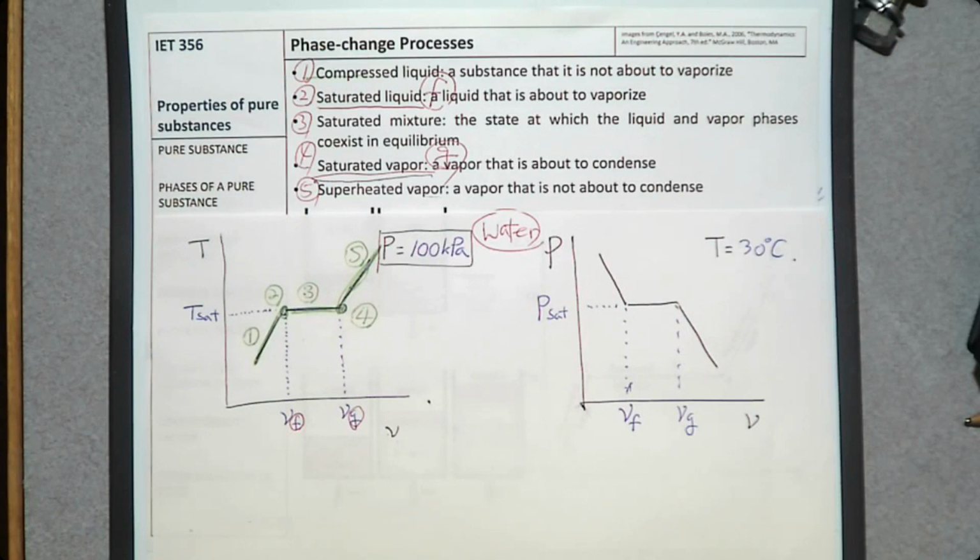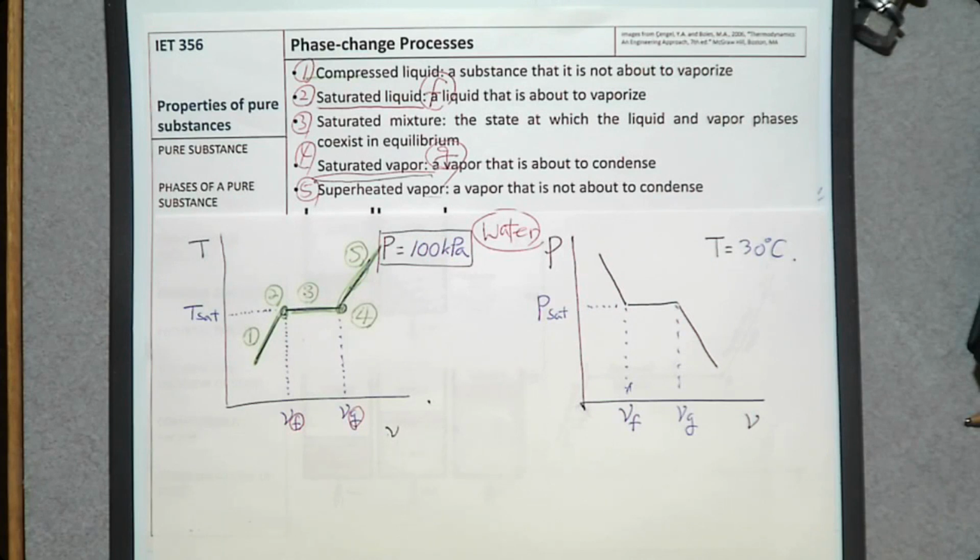Another way to have a phase change without changing temperature is decreasing pressure. So instead of increasing temperature, you can decrease the pressure of the system and then have a phase change. So initially, you can say maybe 30 degrees Celsius and 100 kilopascal, like water.